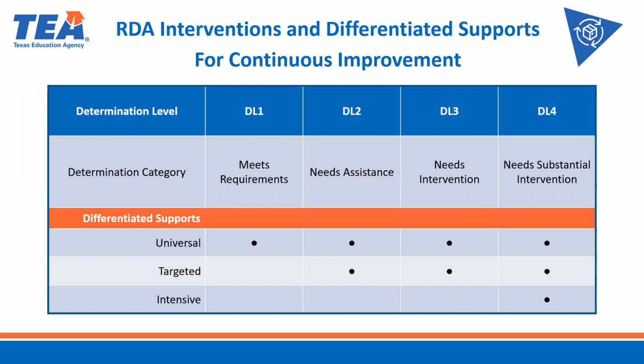While accessing recommended supports, LEAs are expected to demonstrate progress toward improving outcomes for students and increasing compliance with state and federal requirements. In cases where the LEA does not demonstrate sufficient progress, the TEA may prescribe intensive supports as required by law.